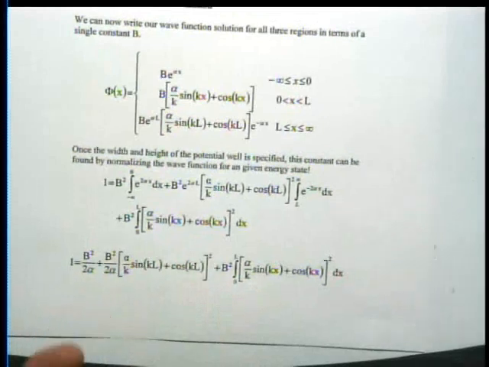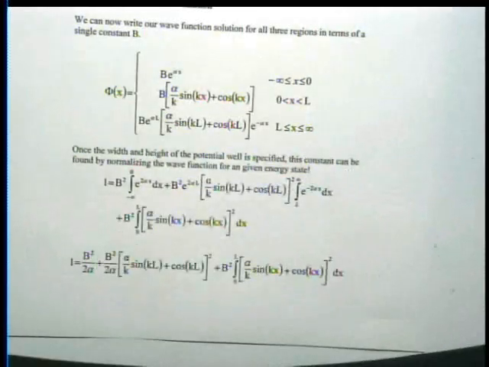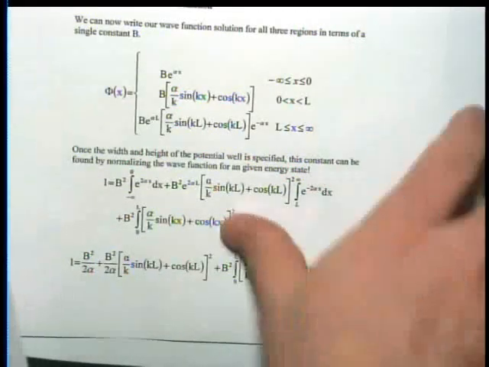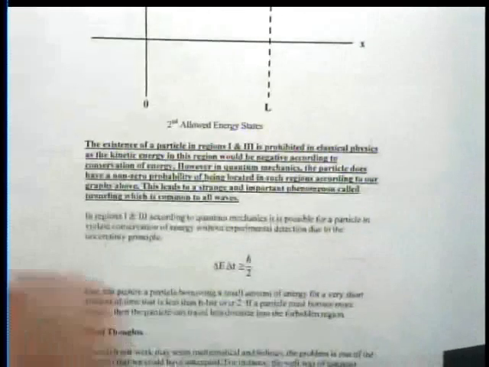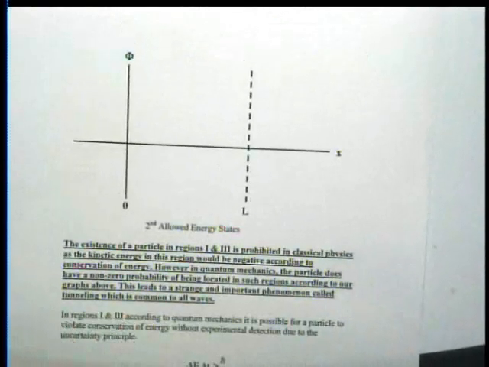But I think you should also be able to, and this is something you can be tested on, graphically draw very quickly a rough sketch of what this is going to look like. So, for instance, somebody could ask you to write the first allowed energy state or the second allowed energy state. So let's say that somebody asked me to write the second allowed energy state.